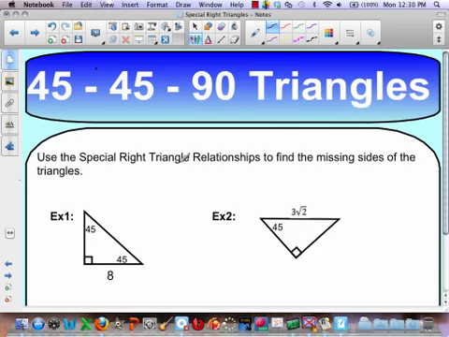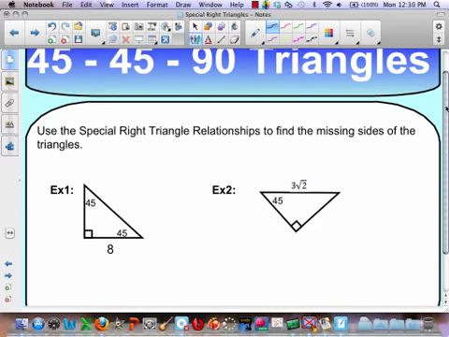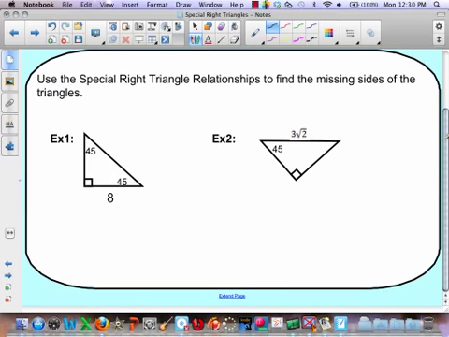So let's try this out. In my first example, my side length is 8. 45, 45, 90. What does that tell me about my other side? It's got to be 8. They're the same.